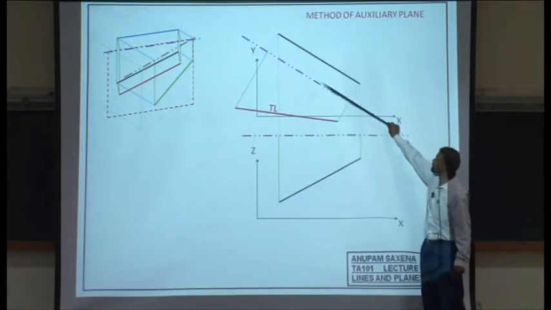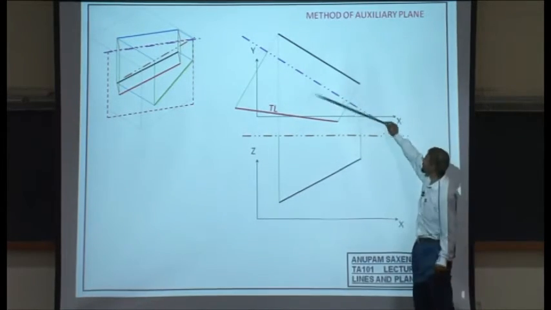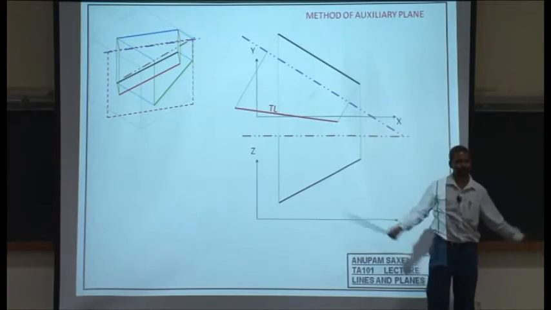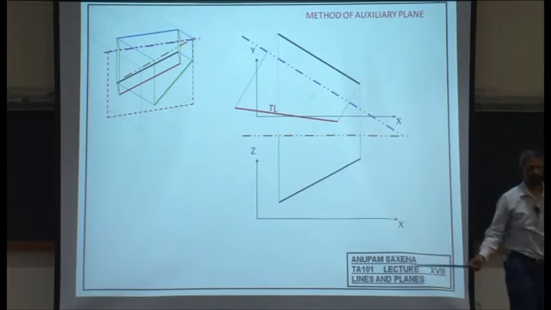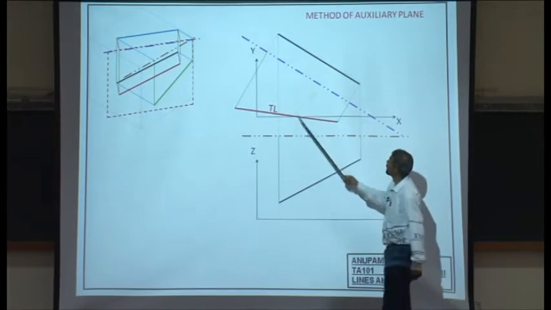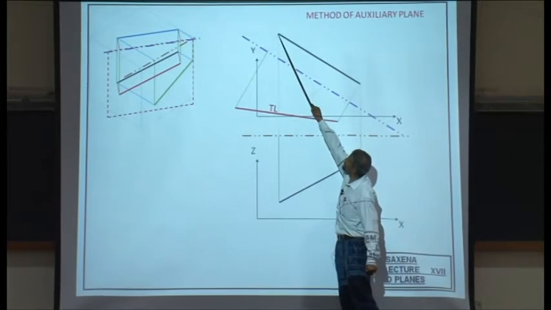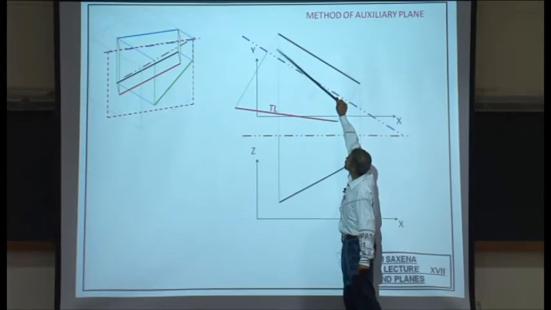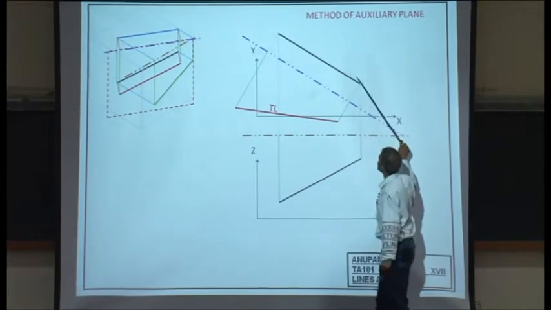So you have this hinge line. It could be here, it could be here, it doesn't matter. Fine? Step number 2. Make projections perpendicular to this hinge line from both these points.